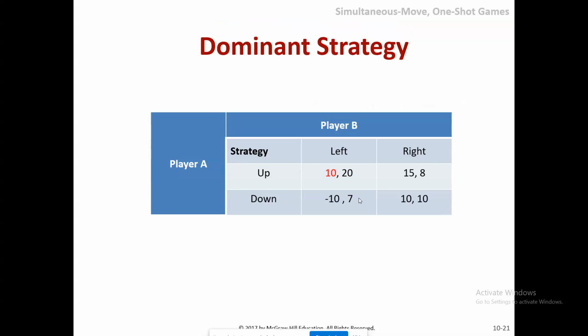Now let's look at A's strategy. If B chooses left, A will choose up because 10 is larger than negative 10. B chooses left, A will choose up because down will give him negative 10 and up is 10.